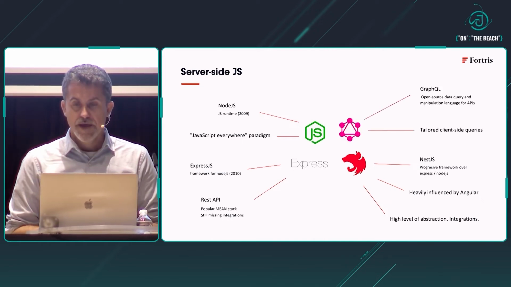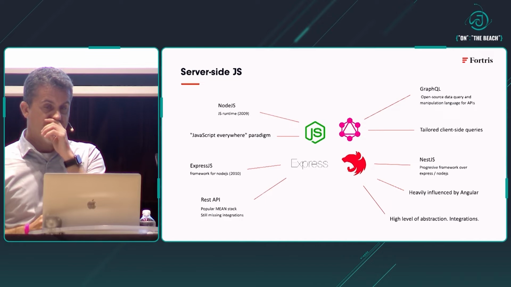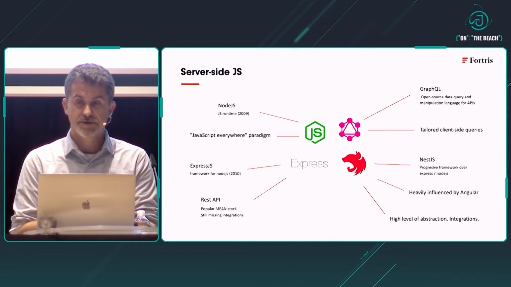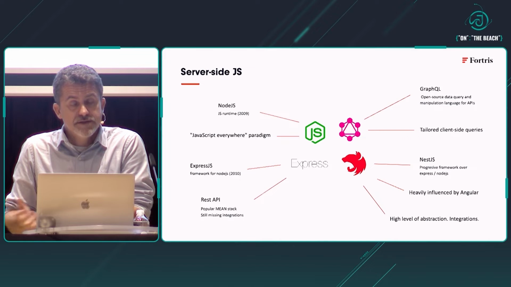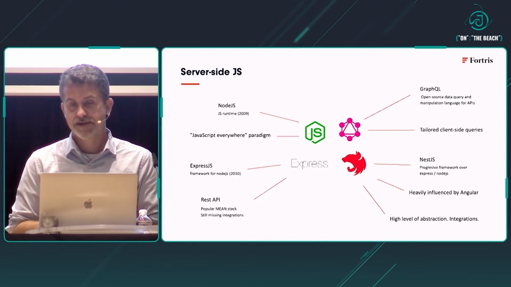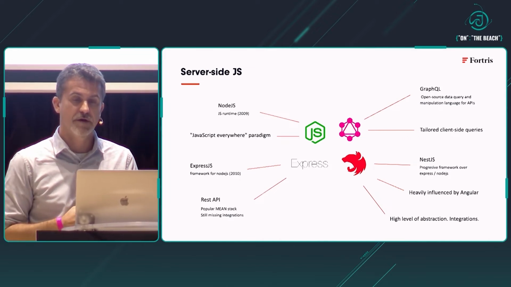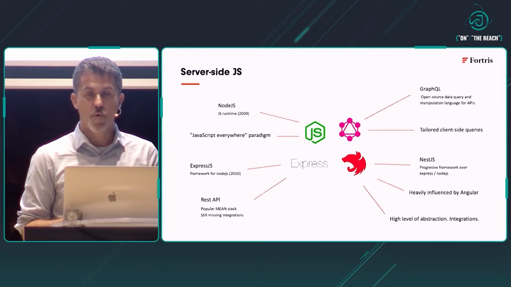And also I want to mention GraphQL as a data query and manipulation language. It's an alternative to REST that has several very convenient features, but I want to highlight only one.